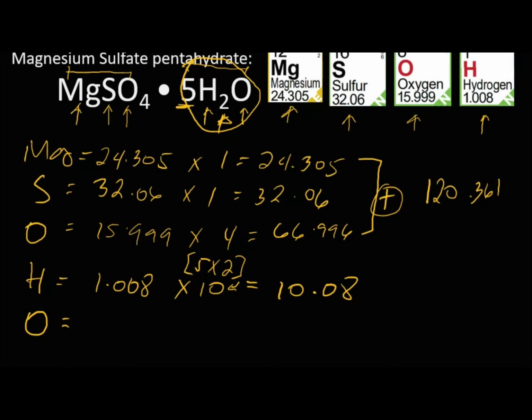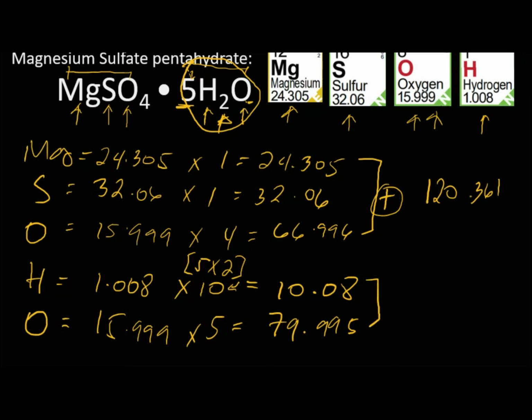So the atomic weight for oxygen is 15.999. So that's 15.999 multiplied by 5 here times 1. Since there's no subscript, like I told you before, it is understood as 1. So 5 times 1 is 5. Okay, so that will give us 79.995.